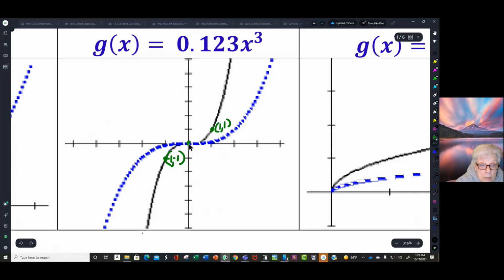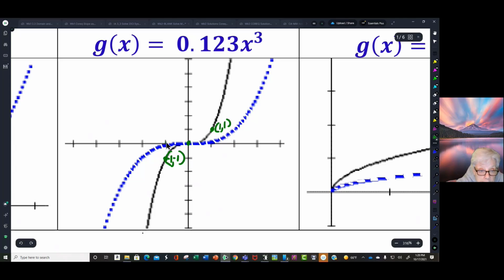And 0, 0 on the basic graph. Now, our y coordinates are going to be multiplied by 0.123. I thought that was very creative. 0.123 will multiply all of the y coordinates but leave the x coordinates alone.